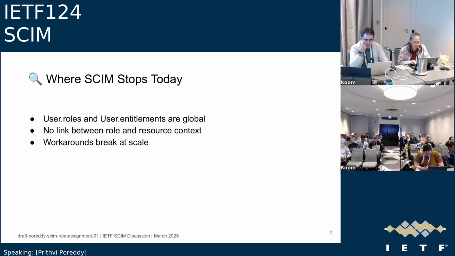Others embed scope names into strings like maintainer-project123. These tricks work locally, but break down at scale or across vendors. What we need is simple, a standard way to express who has what roles and where that role applies. That's exactly what this role assignment does.